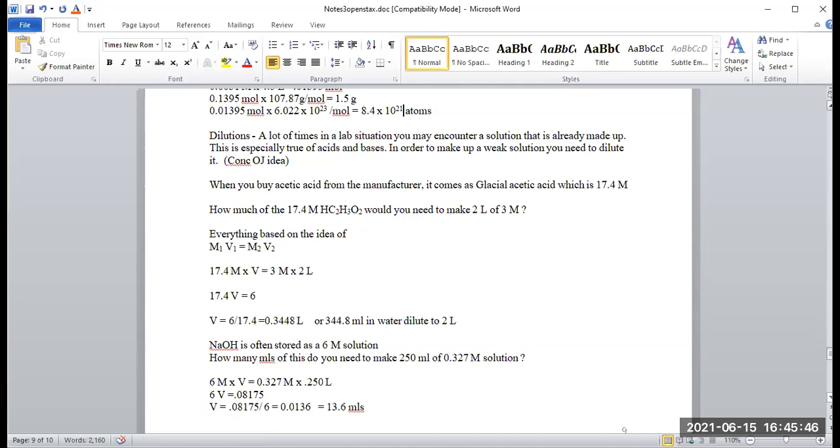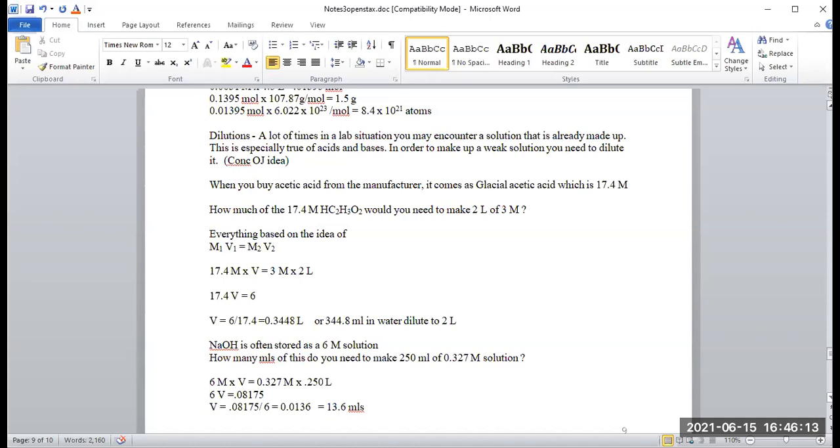But it's also pretty concentrated in the world of molarity. It is 17.4 molar. Here's another thing to file away for useful information. You are highly unlikely, bordering on impossible, to run into molarities higher than about 30.